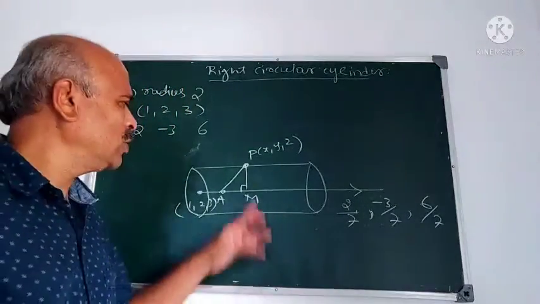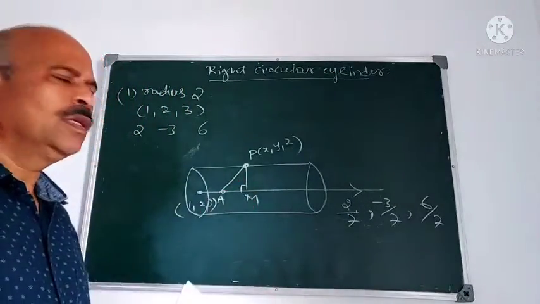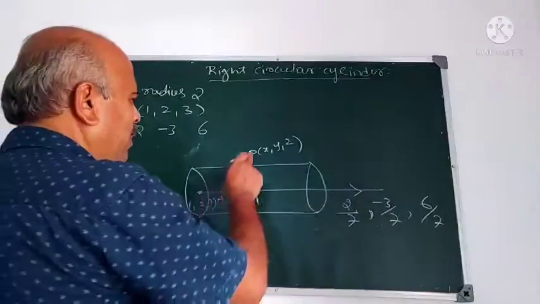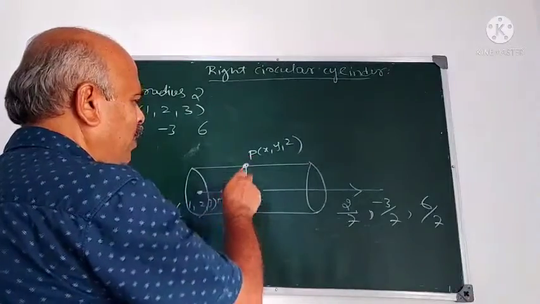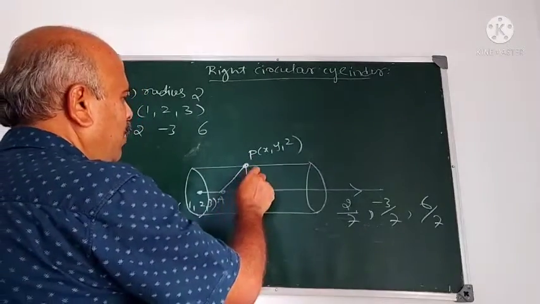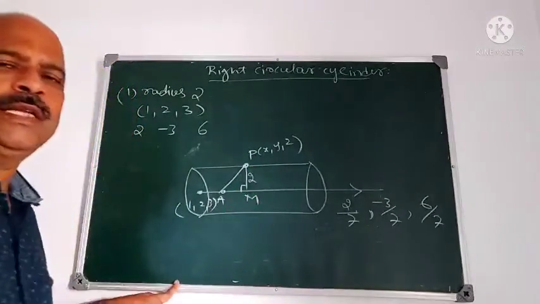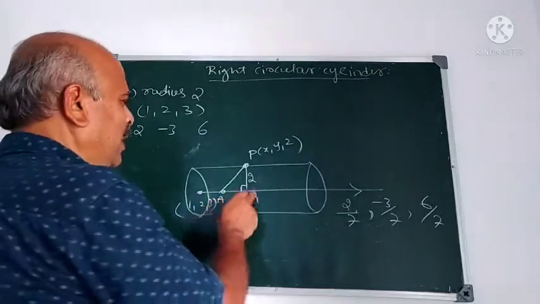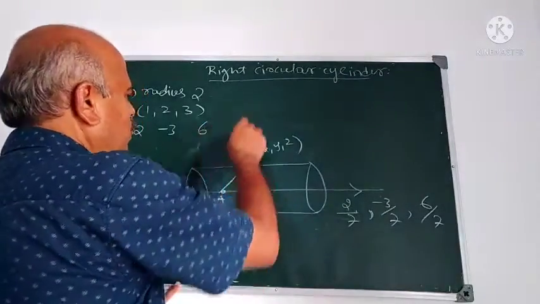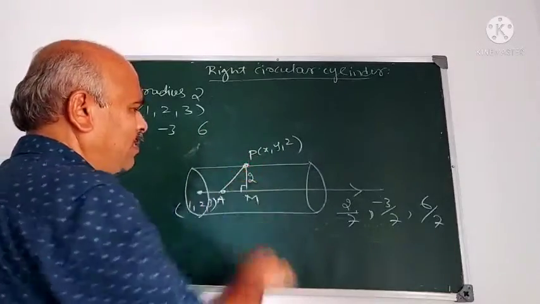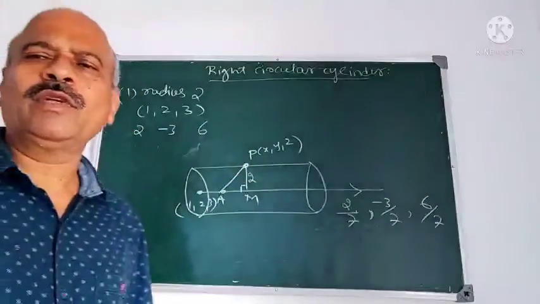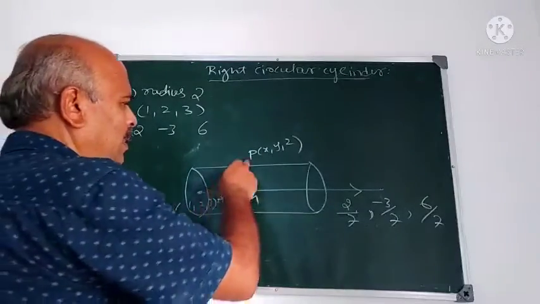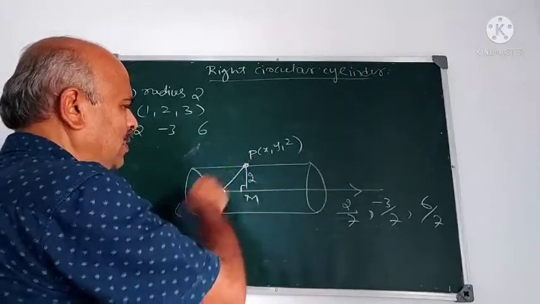Now to find the equation of this, we use the condition here. What is the condition? AP squared is AM squared plus PM squared. PM is 2 here, the radius. If you find out AM and AP and use AP squared equals AM squared plus PM squared, you will get the equation of the right circular cylinder. How to find AP? Distance formula, the distance between the two points.